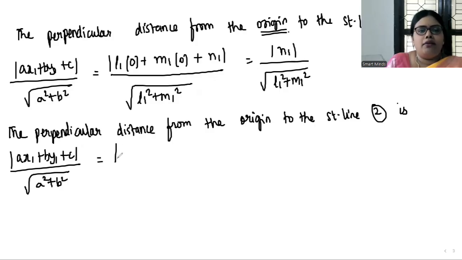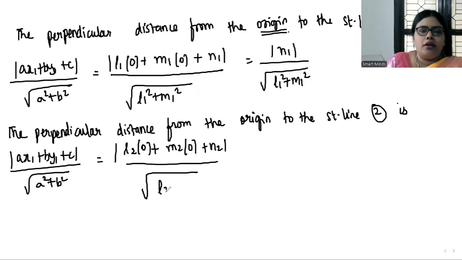Same formula, but a, b, c is L2, M2, N2. X1, Y1 is 0, 0. So L2 into 0 plus M2 into 0 plus N2 by root over L2 square plus M2 square. So that is mod N2 by root over L2 square plus M2 square.